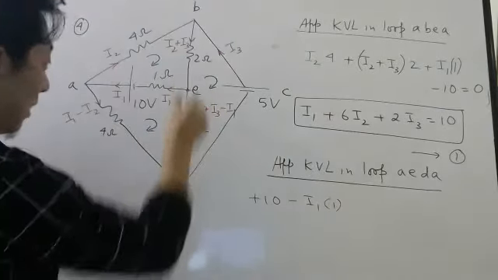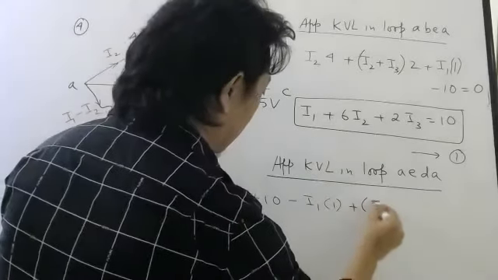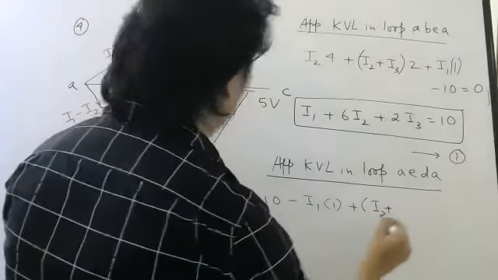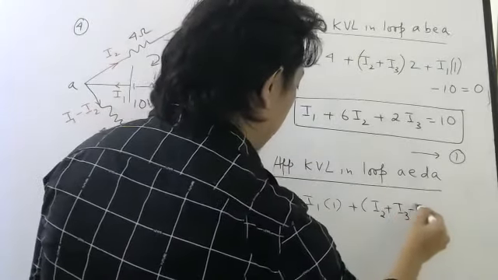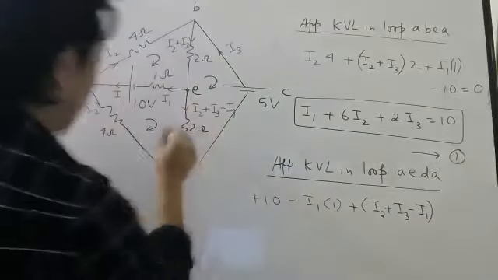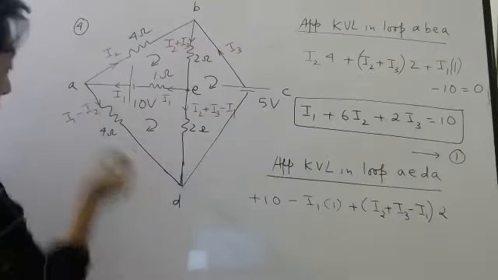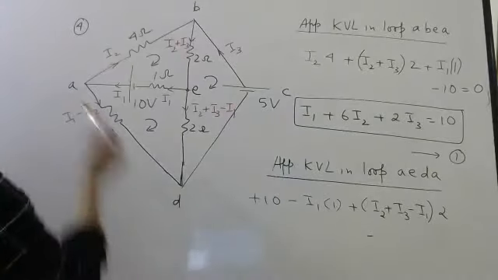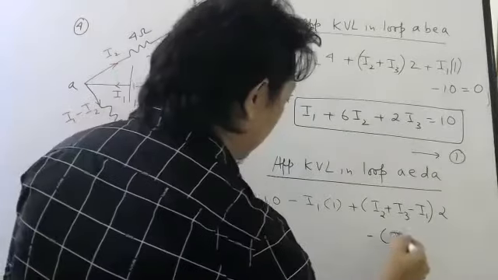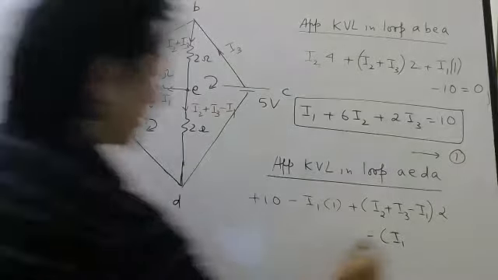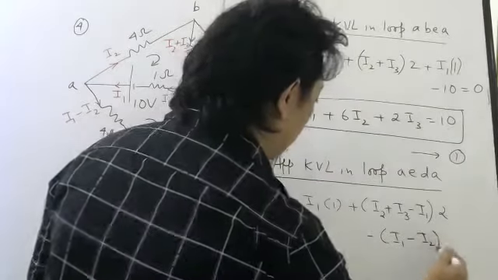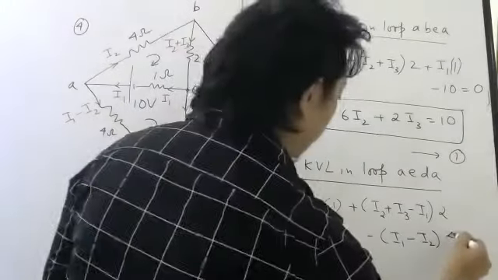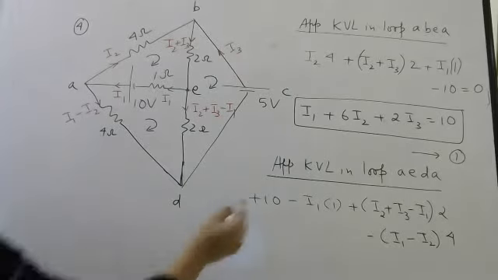Here along the current, so plus, current is I2 plus I3 minus I1, resistance is 2. And here again I am going opposite to current, so it will be minus, current is I1 minus I2 into 4.